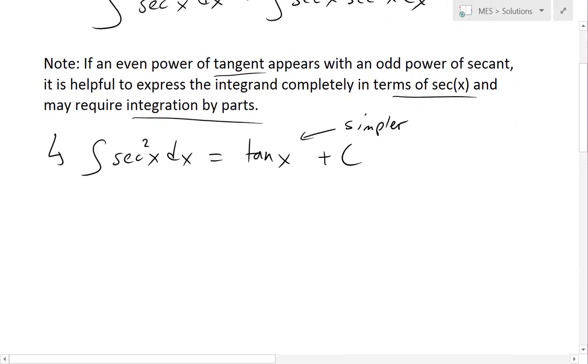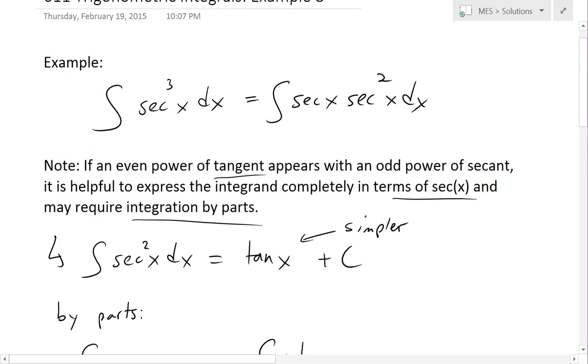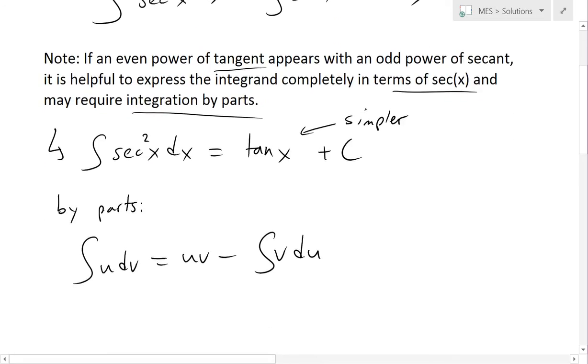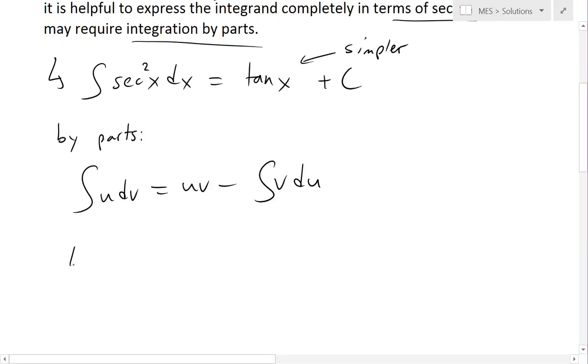we could try integration by parts. So we know the formula, I'll write by parts right here. By parts, we know the formula is the integral of u dv equals uv minus the integral of v du. So we let dv equal secant squared of x dx.